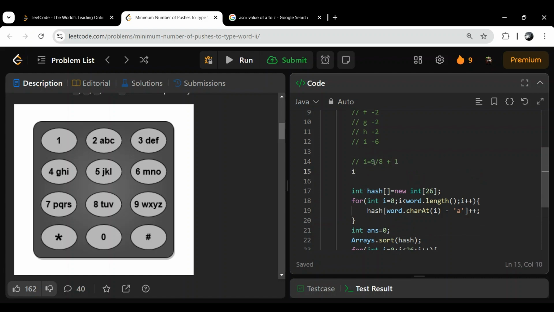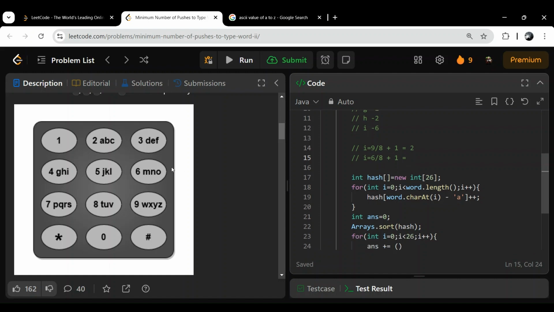So i is 9, then we have to multiply with 2, because our ninth index will be placed at the second place. Similarly, if i is 6, then we divide by 8 and plus 1. 6 by 8 is 0, 0 plus 1 is 1. So we have to push only one time, so we'll multiply with only 1.